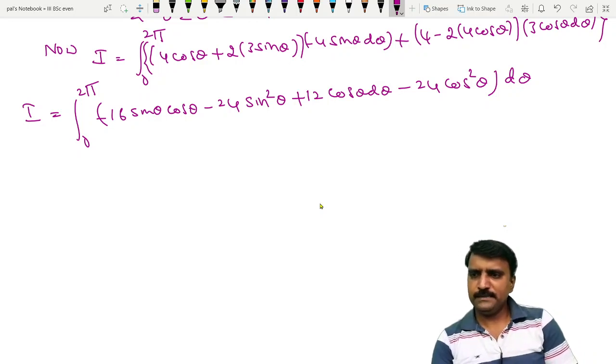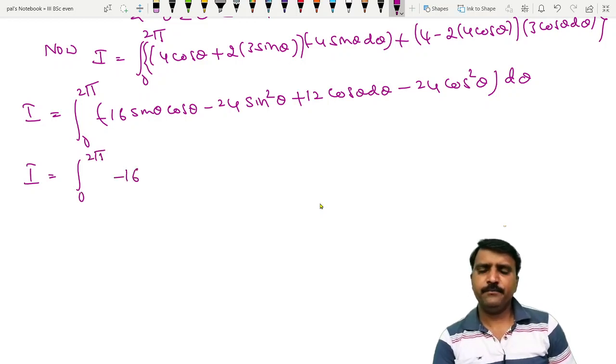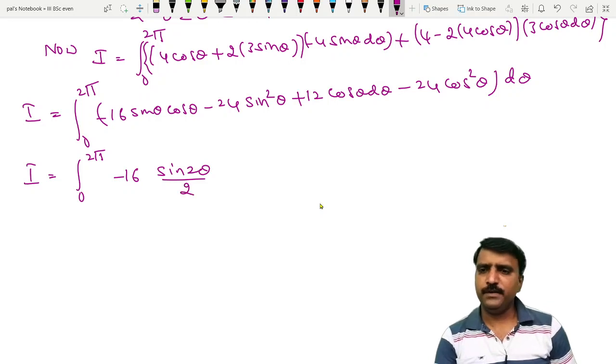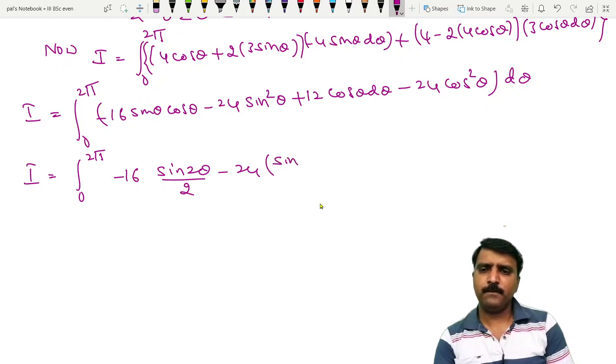I can be written as I is equal to the integration from 0 to 2 pi of minus 16 sin theta cos theta, which can be written as sin 2 theta divided by 2, minus 24 into, you take minus 24 as common factor, sin square theta plus cos square theta, plus 12 cos theta d theta.